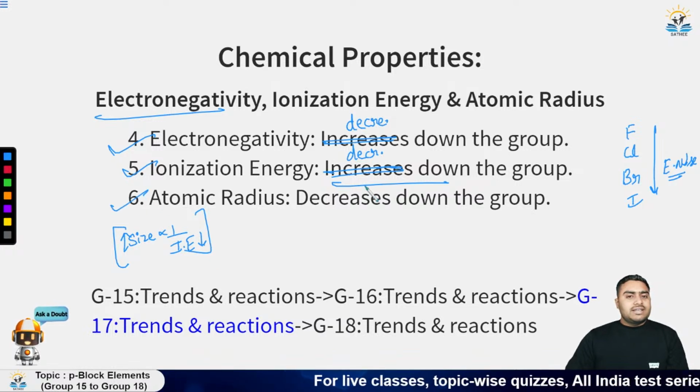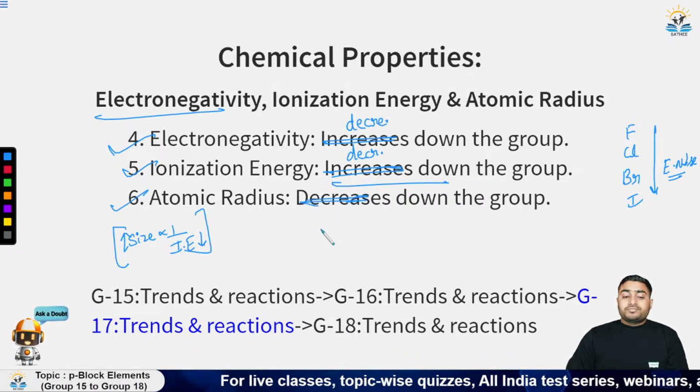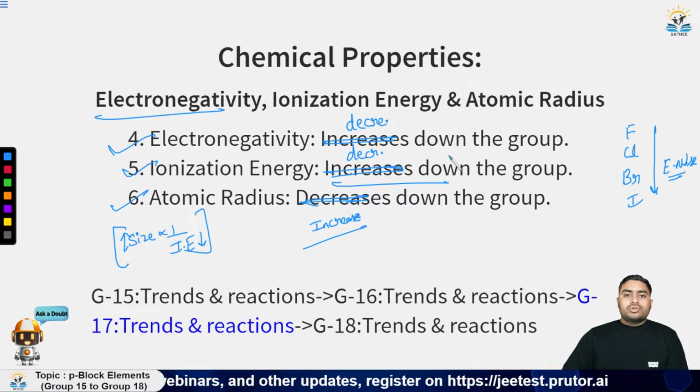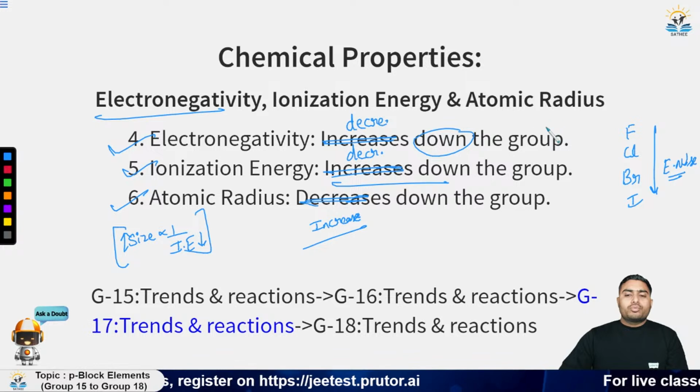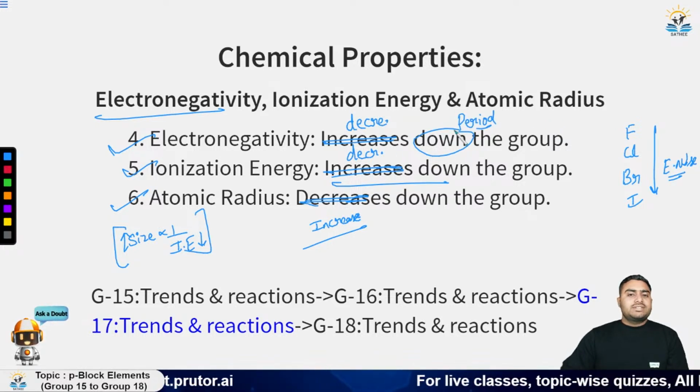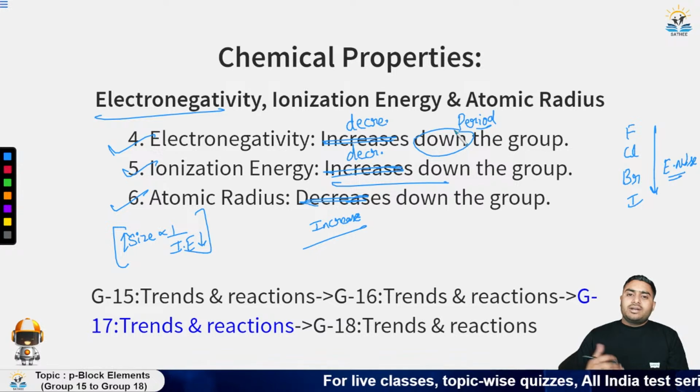Atomic radius, size increases. Top to bottom down the group, atomic radius increases, not decrease. So what you can do, you can write this order for a period, not for a group.